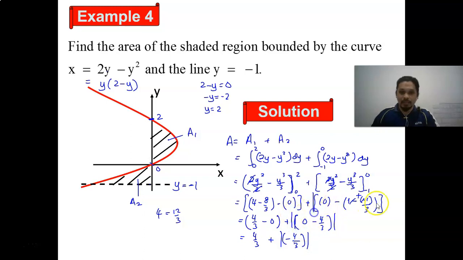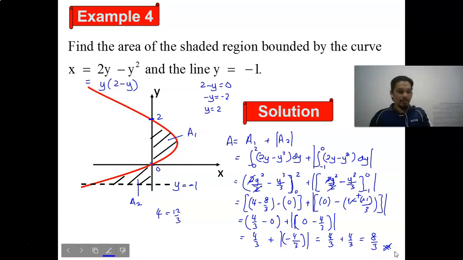Okay, absolute values here and here and also here. So simplify this: 4/3 plus 4/3 equal to 8/3 unit square. Okay, next.